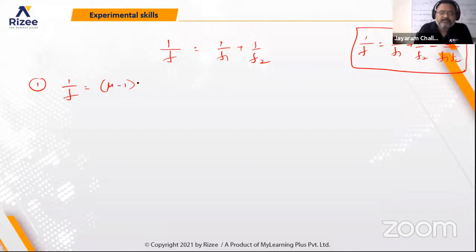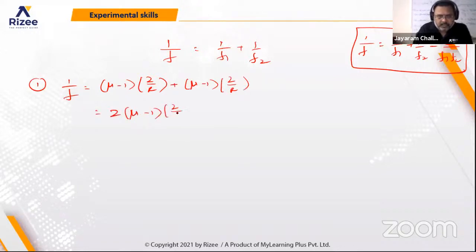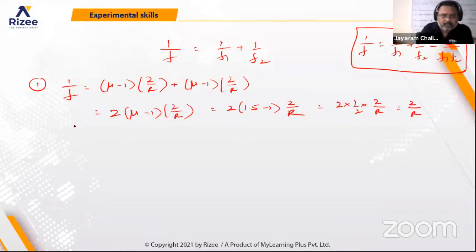Both of them are the same, so 2 into (mu - 1) into 2/r. Now the mu value is 1.5, so that is 2 into 0.5, which is 2 into 1/2, into 2/r. This will be 2/r, so the combined focal length will be r/2.